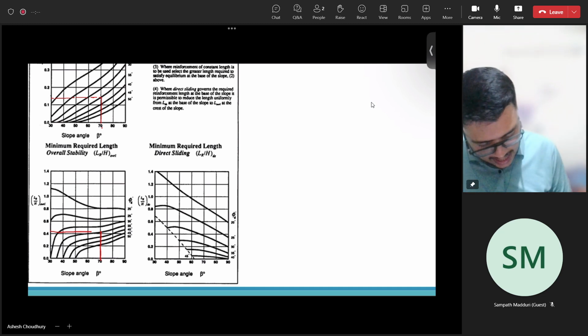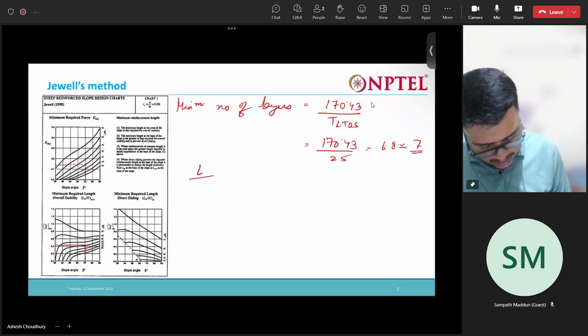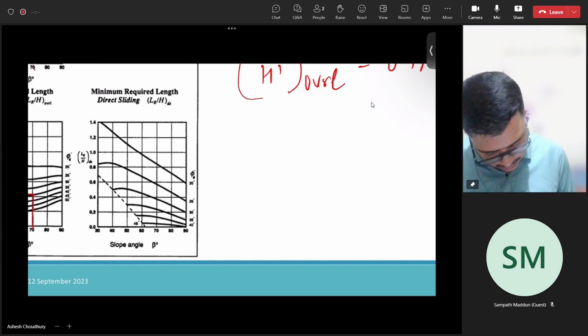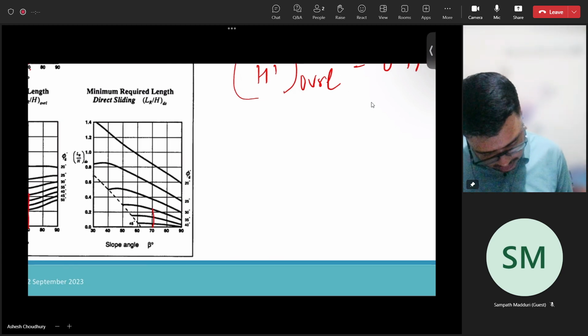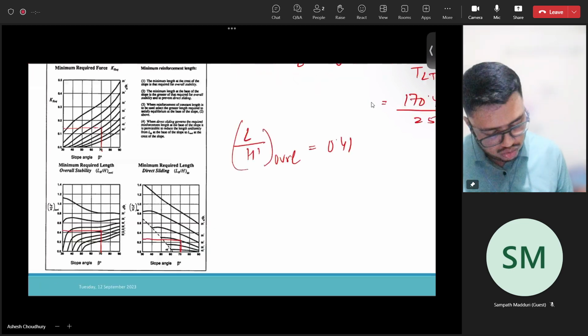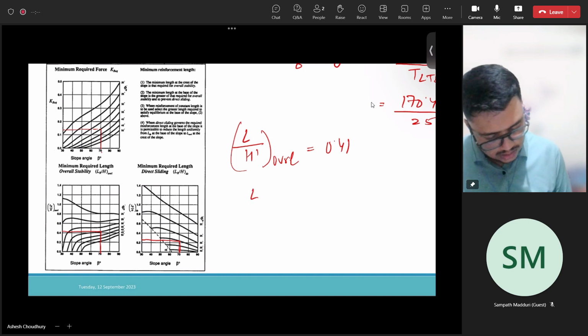So L by H dash overall is 0.41, and for direct sliding we get approximately 0.22.